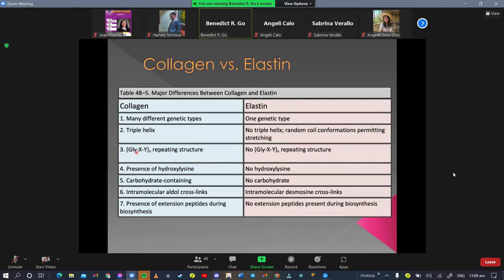There is the Gly-X-Y repeating structure, but no repeating structure in elastin. There is hydroxylysine and carbohydrate containing in collagen, whereas elastin does not. You have intermolecular aldol crosslinks in your collagen, whereas desmosine in elastin. Remember the 4, the tetrafunctional crosslink? And then the 7th is the presence of extension peptides during biosynthesis of collagen, but there are no extension peptides present during the biosynthesis of elastin.